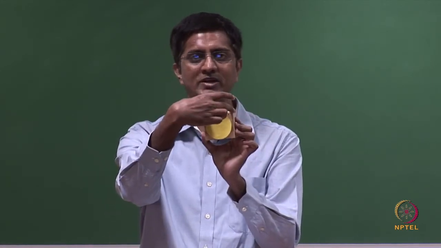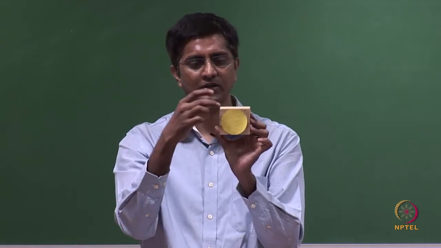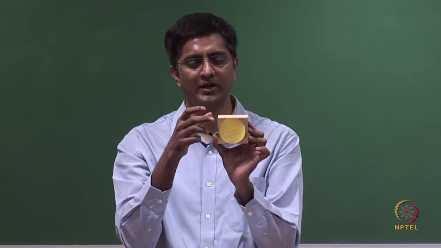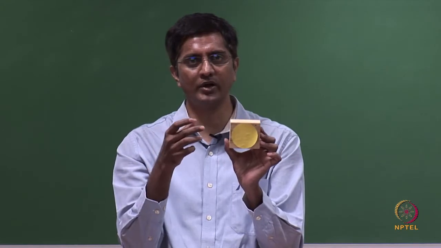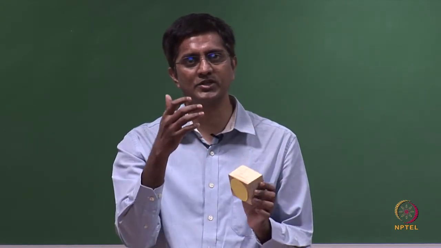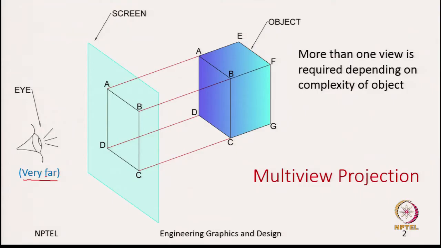So, maybe the depth is just the same as the height and the width. In that case it becomes a cube, but if it is half, it is a cuboid, and that information is not available in this single view. So, in summary, we need more than one view.